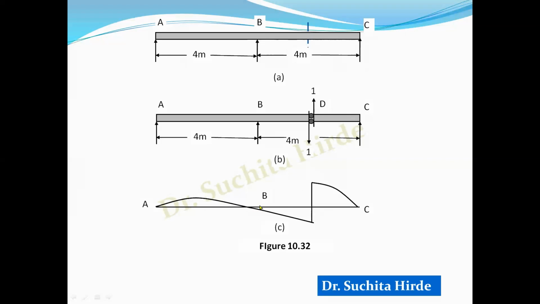And therefore, for this portion BD, we have shown the diagram on negative side. And for the other portion, since it is opposite of that, we have shown the diagram above the line so that we get positive ordinate. So this is how we decide where to draw the positive ordinates and where to draw the negative ordinates.